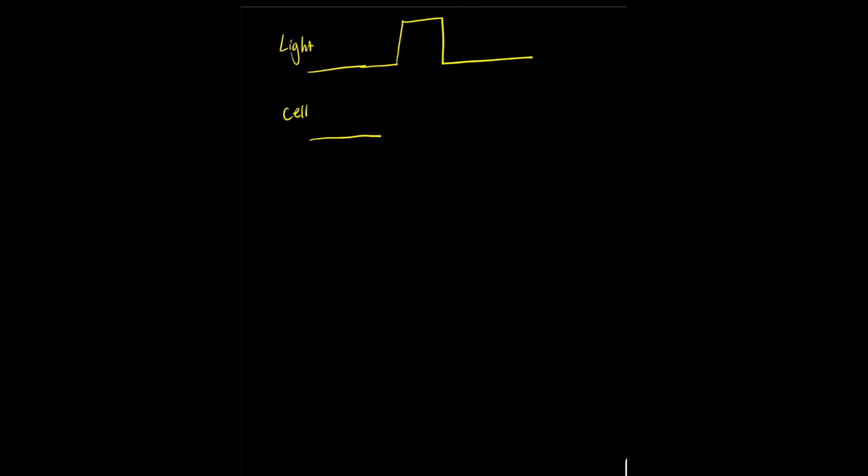Then all of a sudden those channels close. We have a dip. Then over time it restores back to normal. That is an RP. Based on that, you'll be able to generate an action potential, I should say. Or in this case, it's called a receptor potential because it's going across the membrane to be graded.